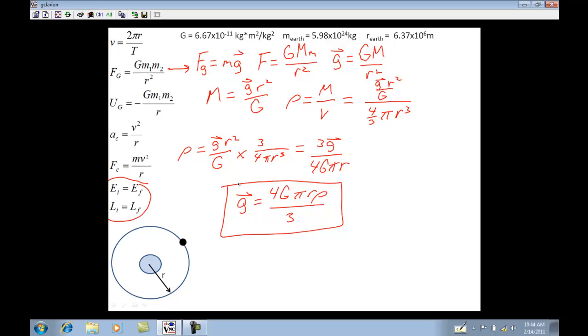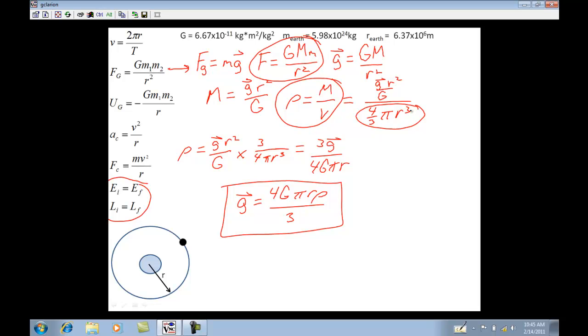All right, so to be able to derive this equation, you obviously have to know that, and you would start off with this equation here. Obviously, you need to know the area or the volume of a sphere.